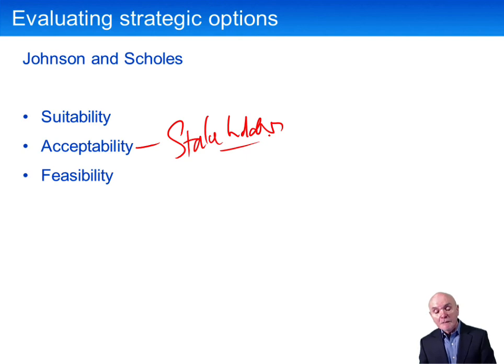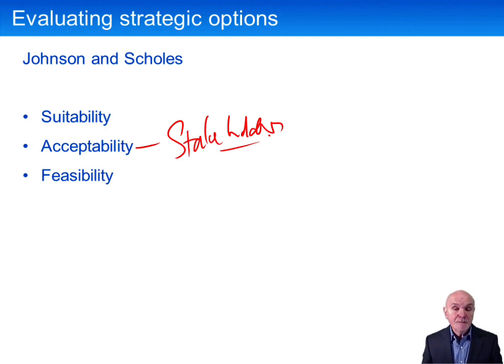If you're proposing something which is totally unacceptable to employees, they may go and strike, or they may leave and go somewhere else, taking valuable customers with you. If you're proposing something which is unacceptable to the government, they will probably come and legislate. So again, it almost gets back to what is meant by performance. And performance is in the eye of the beholder. It's really what the key players require of you.